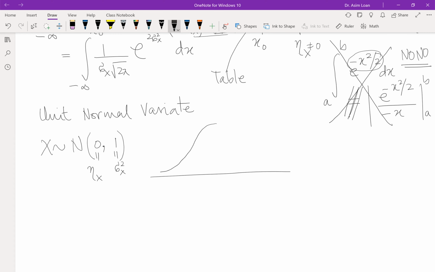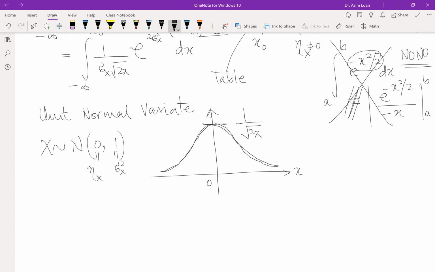And now this function is even. This is 1 over root 2 pi, because sigma square is 1 and obviously sigma is 1.